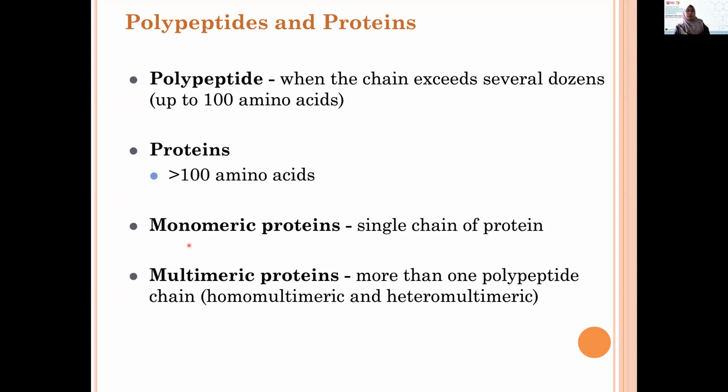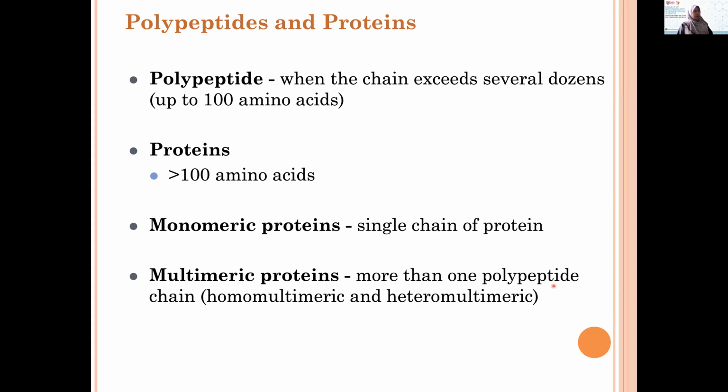So we talk about the structure of the protein. Protein comes in monomeric protein, meaning that we have only one single type of polypeptide chain, monomer. If we have multimeric protein, it will have more than one polypeptide.